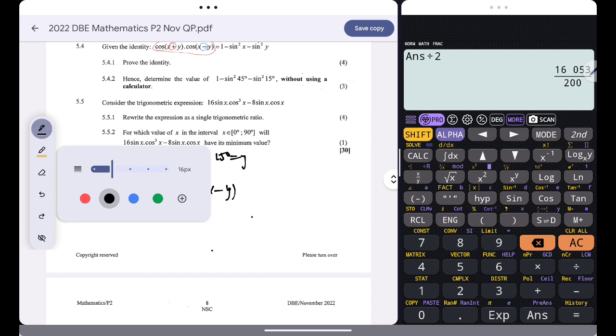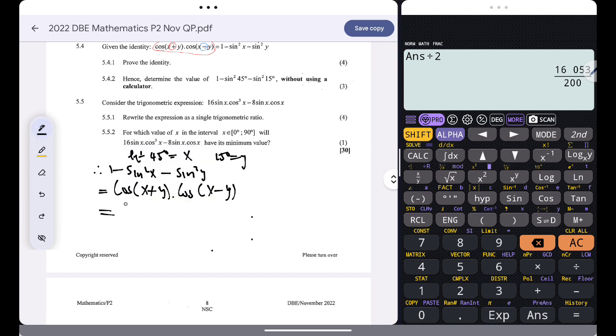Are we together? But remember, what is the value of x? x is 45, y is 15.